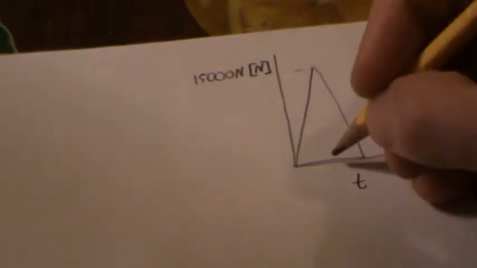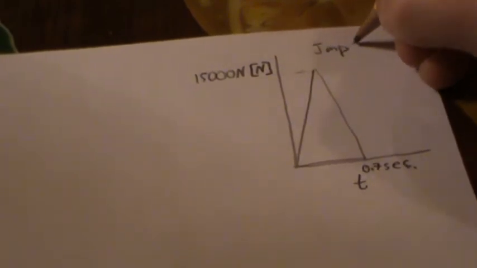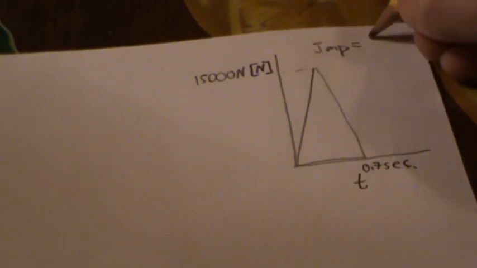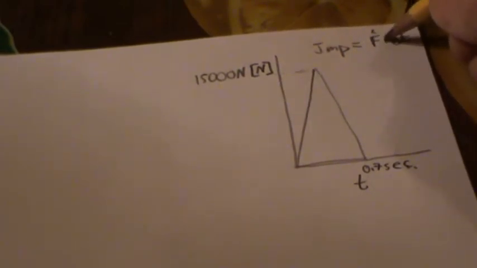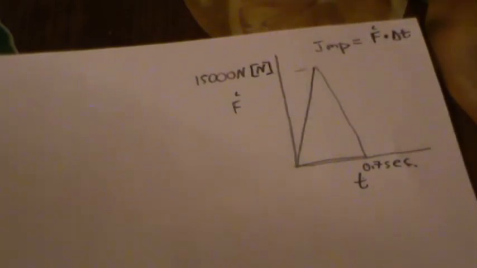Okay, well, we know that if this is time, and this is 0.7 seconds, we know that impulse is equal to force times time. Anytime you're multiplying two things and you've got them in a graph, this is force and this is time, you can actually find the area of the graph, and that's the same as multiplying.